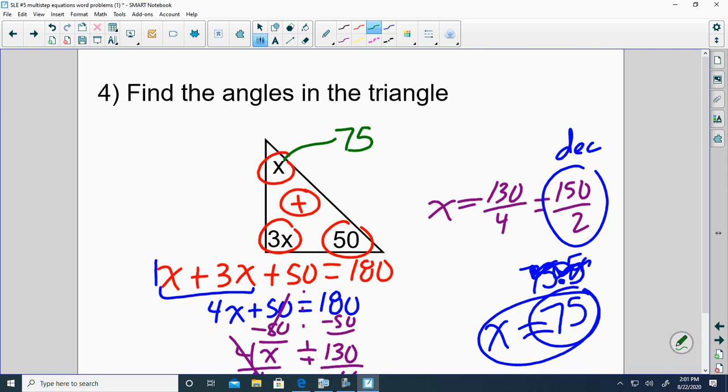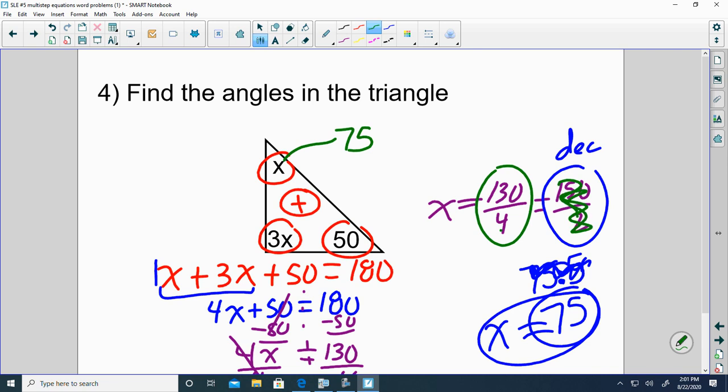You know what? I think I might have made a little boo-boo on this problem. What did I do wrong? 4x, that's 130. Oh, I see my error. It's right here. So 4, if I reduce this, 2 goes into both. Silly me.